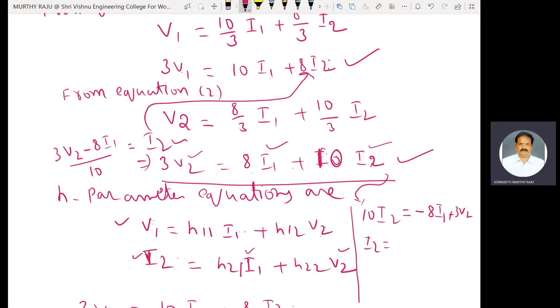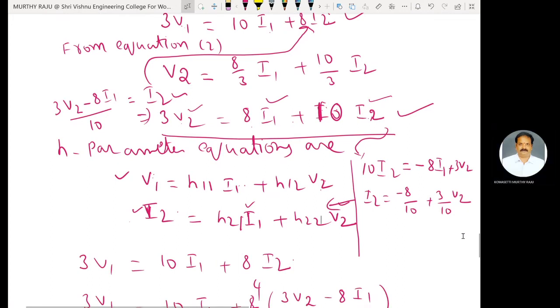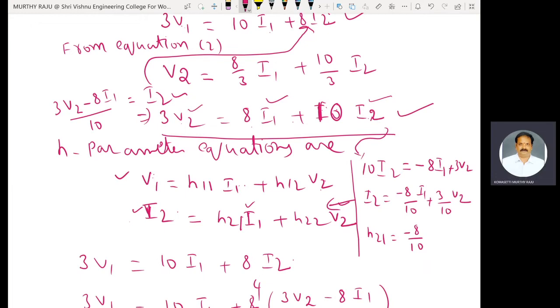Therefore, I2 is equal to minus 8 by 10 I1 plus 3 by 10 V2.